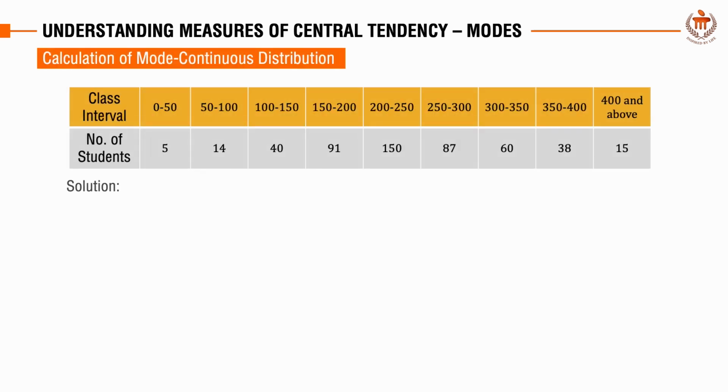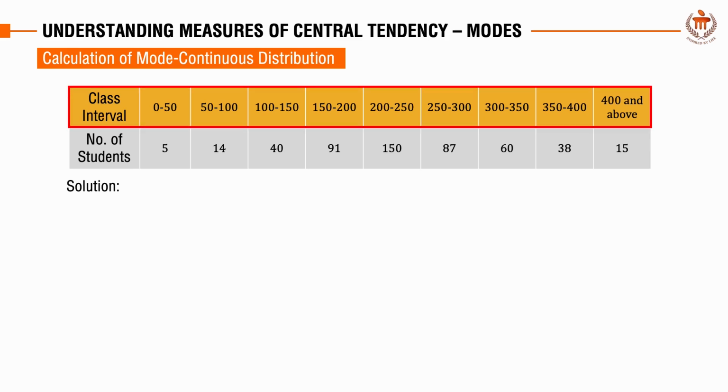Now if we have a continuous distribution, we have discussed the formula in the previous slide. Imagine this is the problem: the following class intervals are given to us: 0 to 50, 50 to 100, 100 to 150, 150 to 200, 200 to 250, 250 to 300, 300 to 350, 350 to 400, and 400 and above.